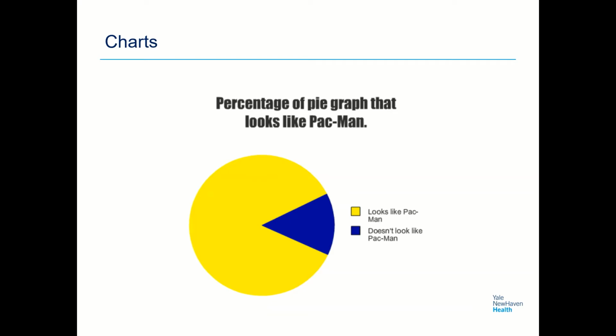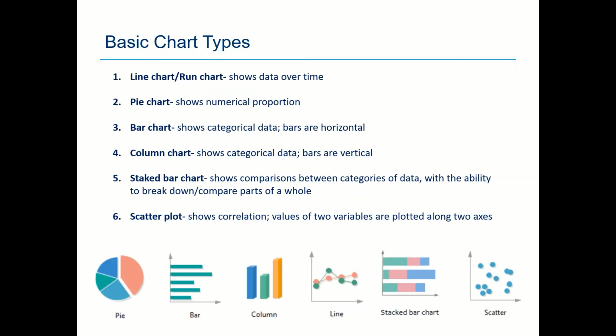So we're just going to talk about different chart types first, and then we'll play with some data to create some basic charts. So we have line charts or run charts, and you could see at the bottom of the slide an example of a line chart.